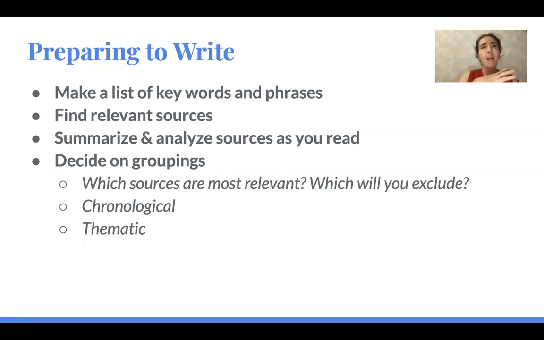So instead of looking at how things have changed over time, looking at different aspects of it. Or maybe methodological. So some people might have done experiments, some people might have done surveys, some people might have taken an anthropological approach. That might be a way of looking at it methodologically.